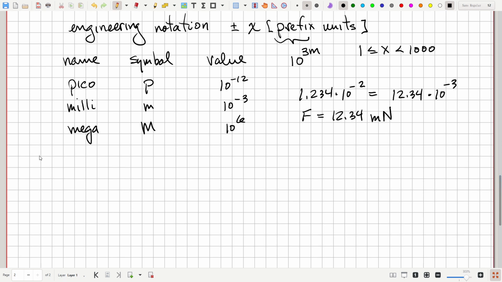All right, now we turn to the idea of significant figures or significant digits. So to motivate this, suppose I tell you that I go and measure the length of something and I report it back to you as x is equal to 1.53 meters. So does that mean that the length x of some object is exactly 1.53 meters?